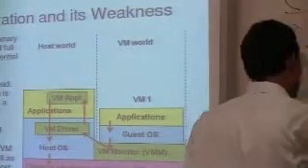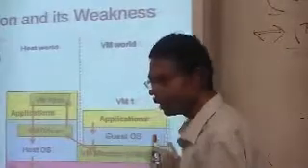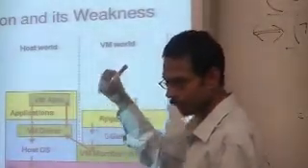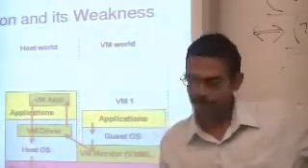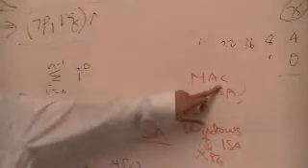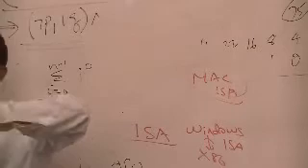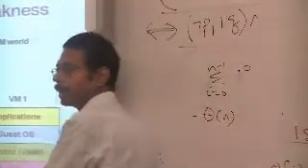So the instruction given by this Mac application has to be captured by the virtual machine monitor, and it has to do what is called a binary translation. Basically, the instruction set architecture from the Mac or PowerPC platform has to be translated, so you have to do a code translation or binary translation. The instruction in one kind of architecture has to be translated to the other architecture, and the VMM does that. So that's why it's heavily loaded.